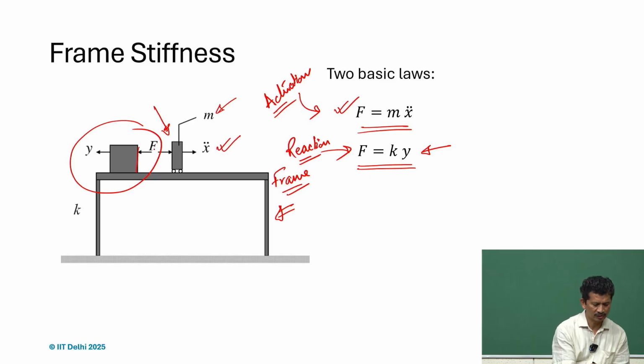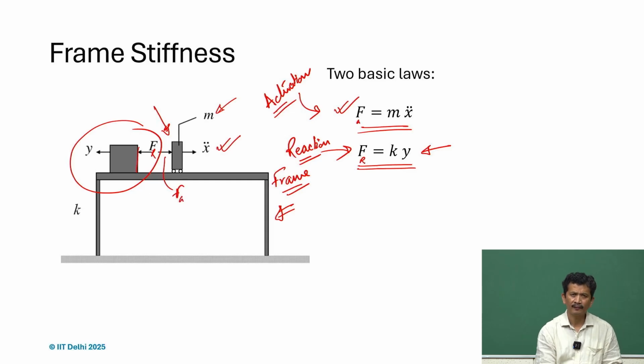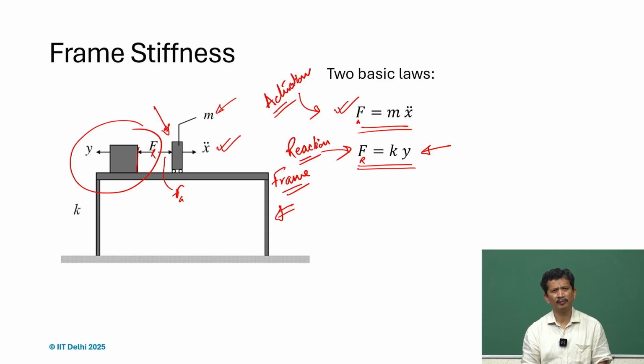So, this is the reaction force, and this is your actuation force, F A and F R. The body can accelerate, but at the same time the same force is acting on the frame. And yes, the frame is static; it might be moving also, but in this case it is static.